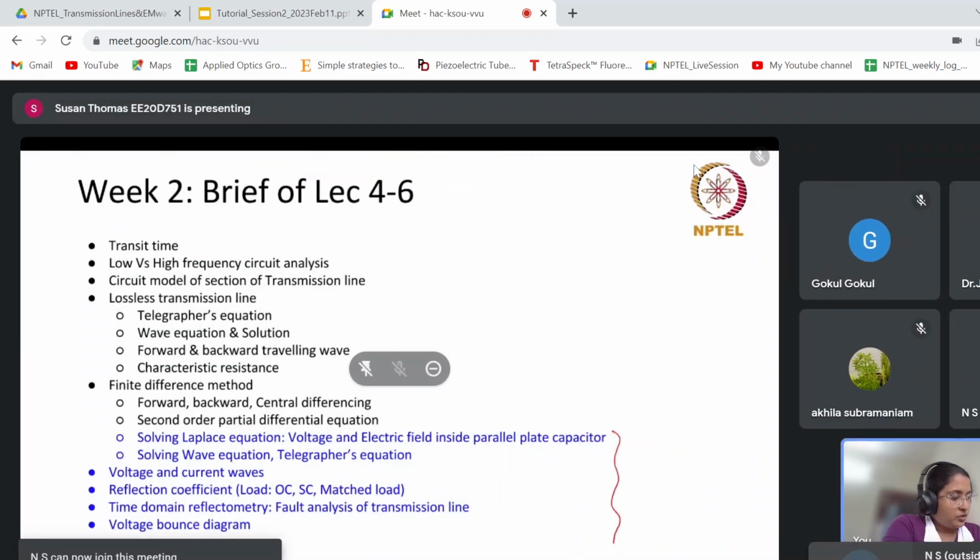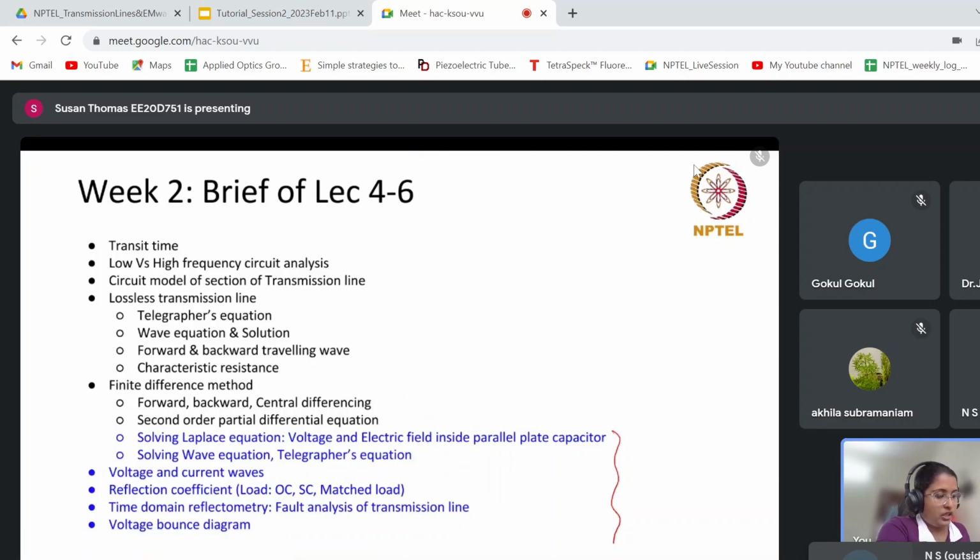Then the discussion goes on to the reflection coefficient, especially when the load is an open circuit, a short circuit, or a matched load. And then we discussed the voltage bounce diagram. So today we will have some small sample numericals based on these kinds of topics.